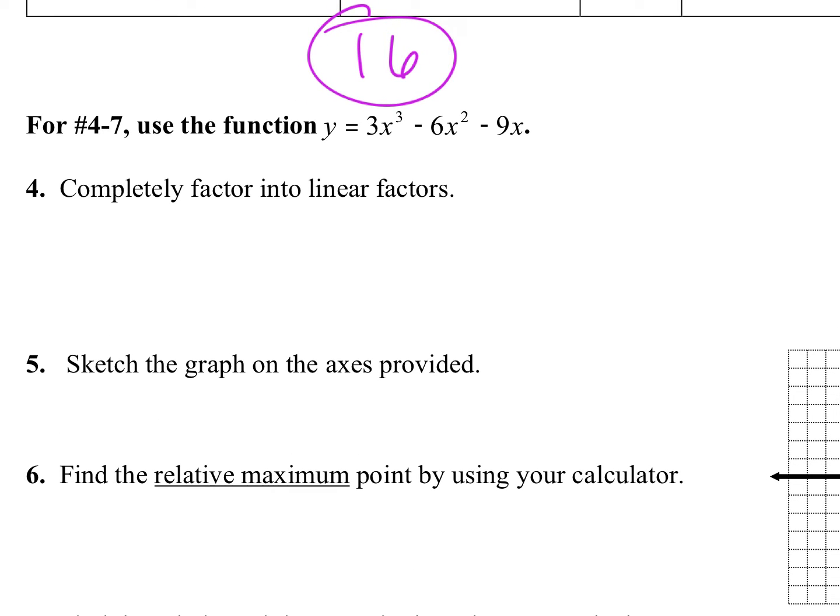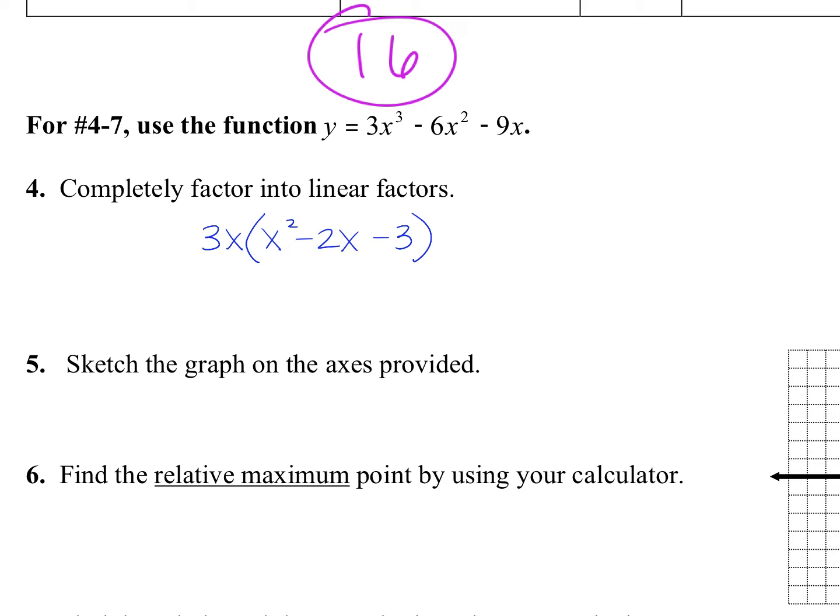If I were to factor this, what do I get? What can I factor out of 3x cubed minus 6x squared minus 9x? You can factor out an x and a 3, right? So we're going to factor out a 3x, and we're left with x squared minus 2x minus 3. Are you done? Can you factor any further?